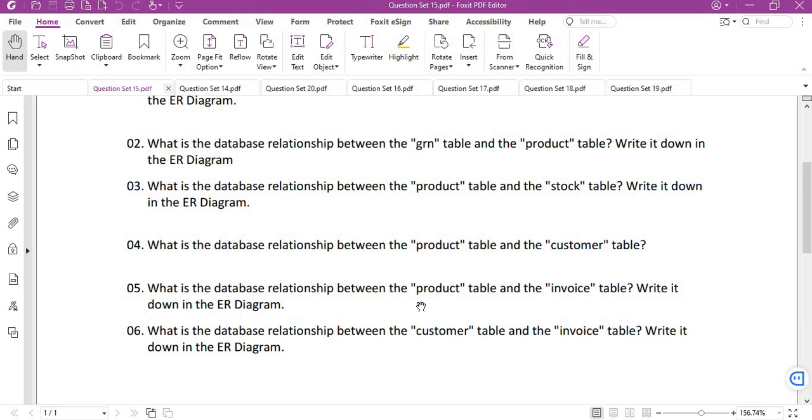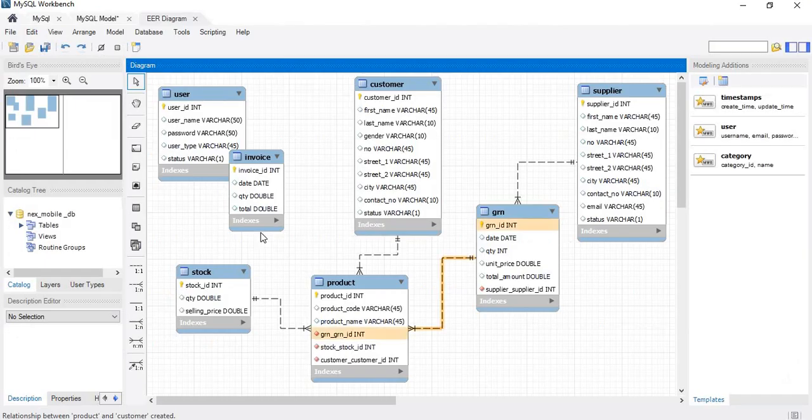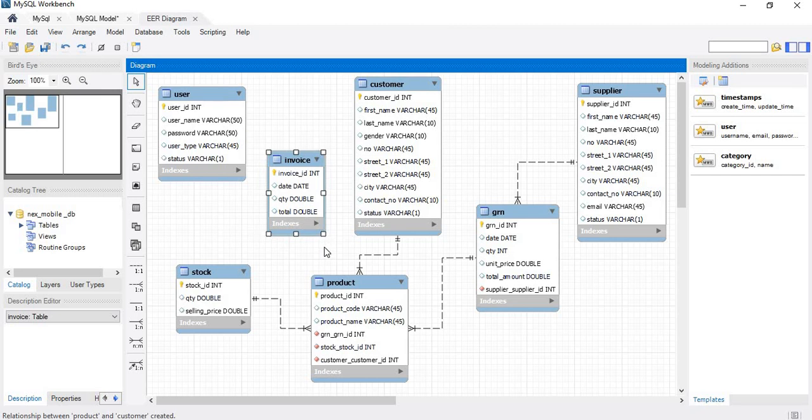What is the database relationship between product table and invoice table? Write it down in the ER diagram. So we will see the relationship between product table and invoice table. Product and invoice. Here is the invoice table. For a product only one invoice can be issued, whereas in an invoice there can be many products.